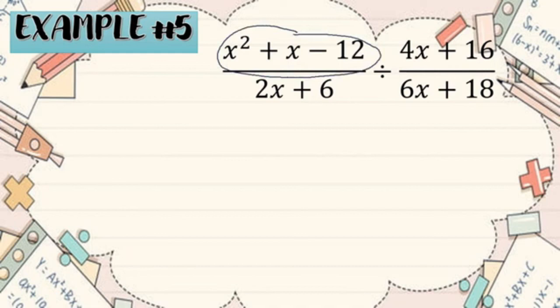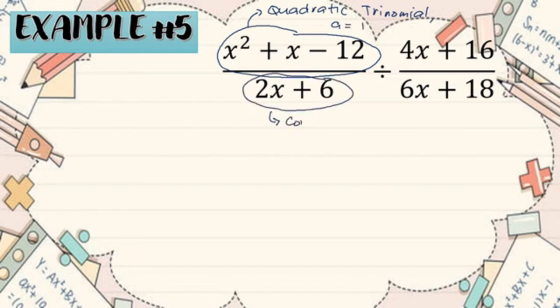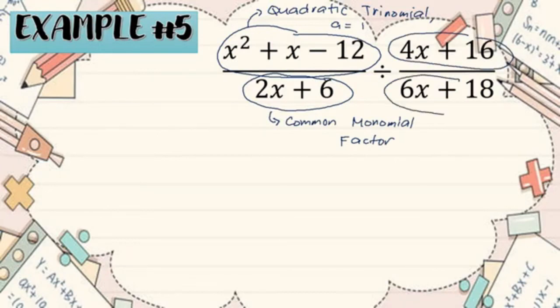What factoring technique are we going to apply on this one? Yes, we could use quadratic trinomial where a is equal to 1. How about this one? What kind of factoring technique? Yes, we could apply common monomial factor. And same thing for 4x plus 16 and 6x plus 18. We could have them together for common monomial factor still.